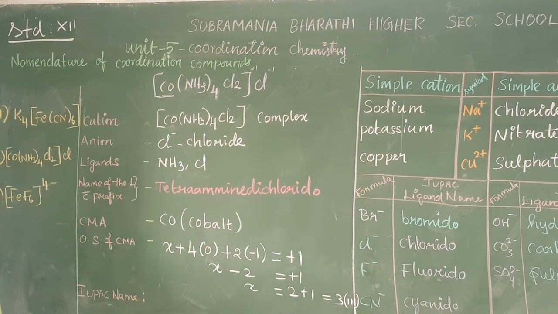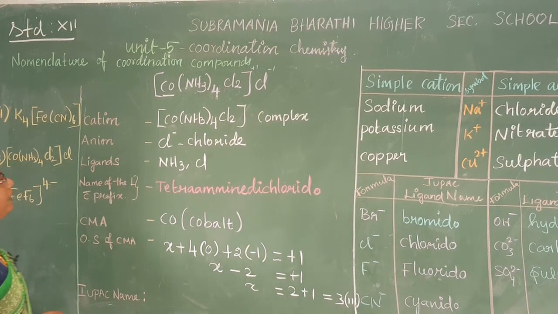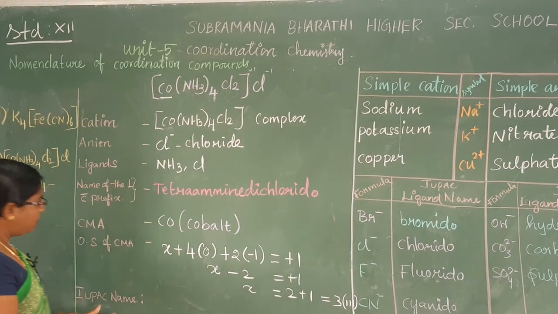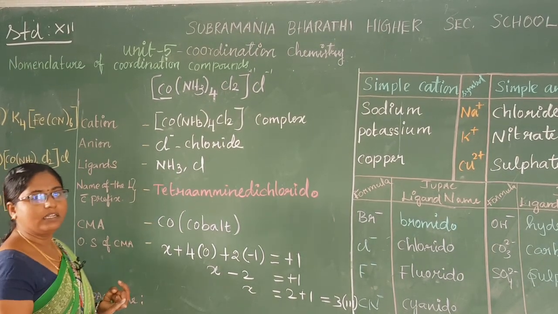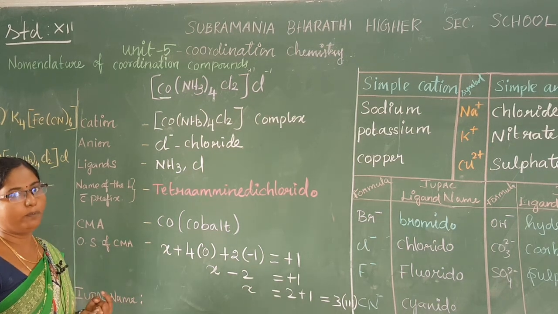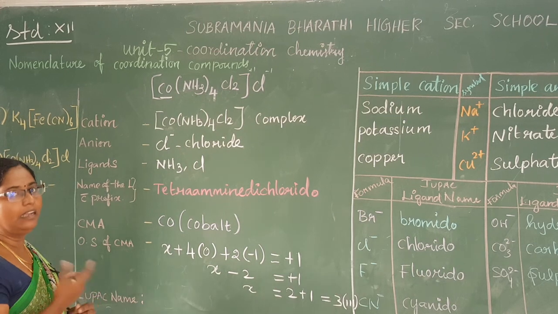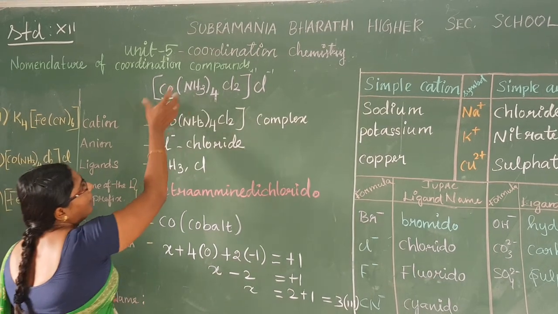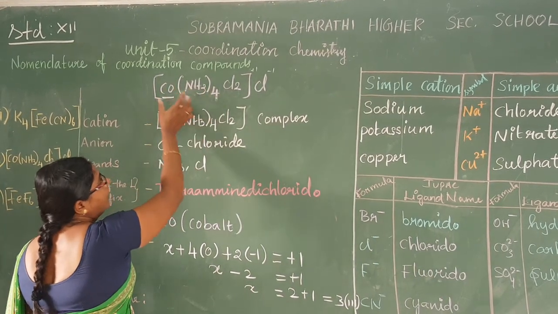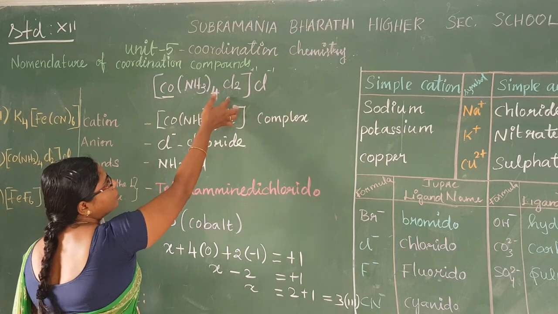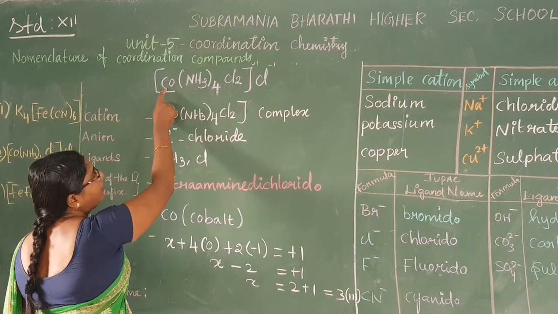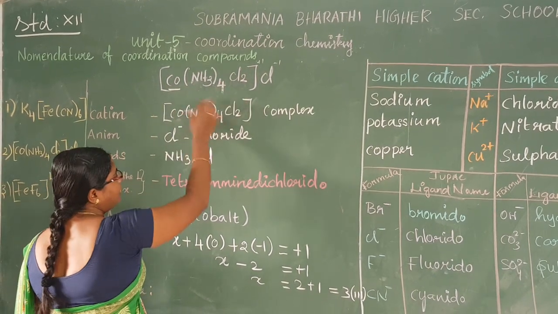Okay, so let us name the IUPAC name. What is the first rule? The cation should be named first followed by the name of the anion. So here in this case I am not having any simple cation, then I have to go for the complex. While naming the complex, the ligands should be named first followed by the central metal atom. I have named the ligand already.